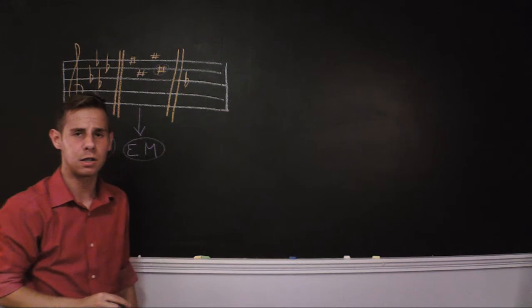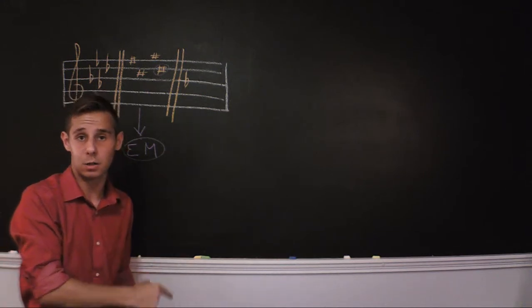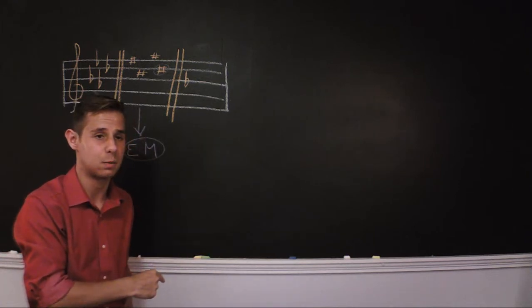So the caveat to flat key signatures is that the first flat key signature only contains one flat. There aren't multiple ones, so we can't look to the second to the last one.